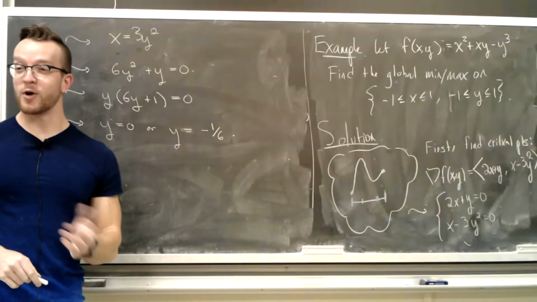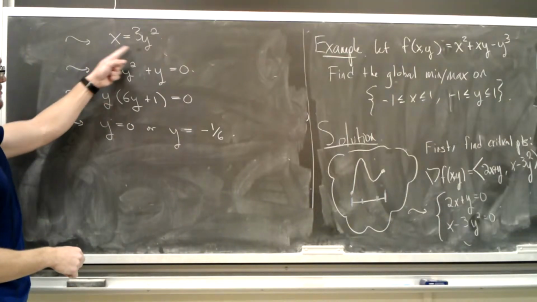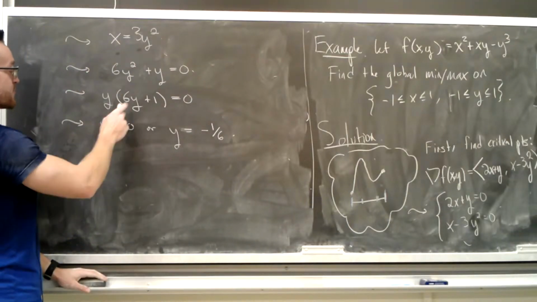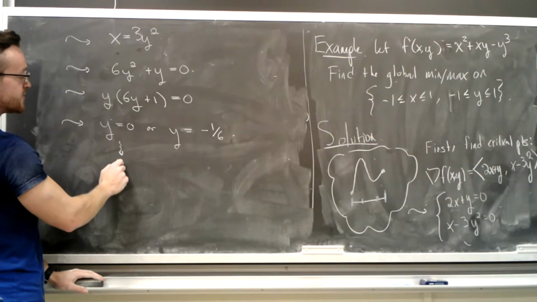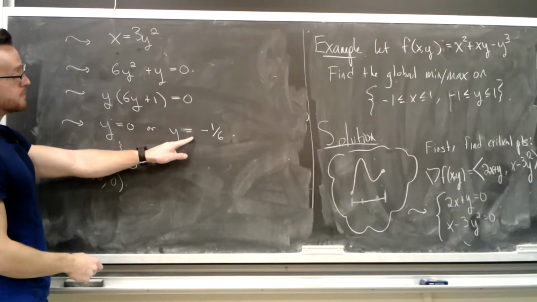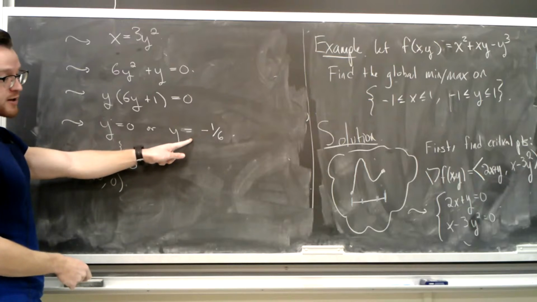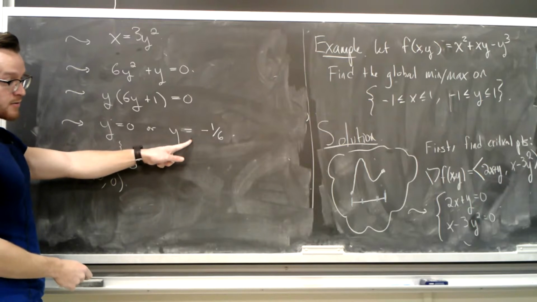Using those two y values, we can get x values. x was 3y squared. So when y is 0, x is 0. That's not too bad. So I get the point 0, 0. Okay, and then when y is negative 1/6, we get 3 over 36, which is 1/12.